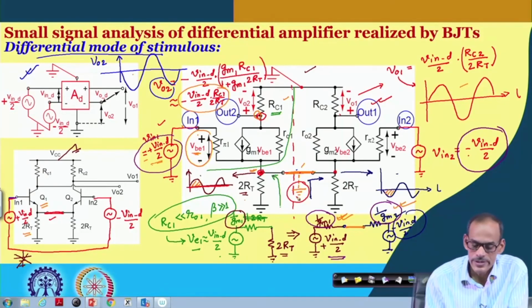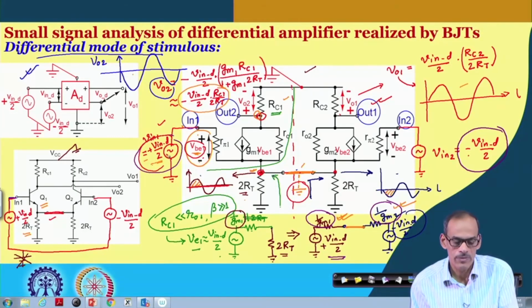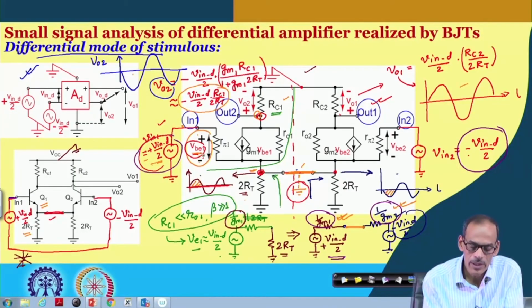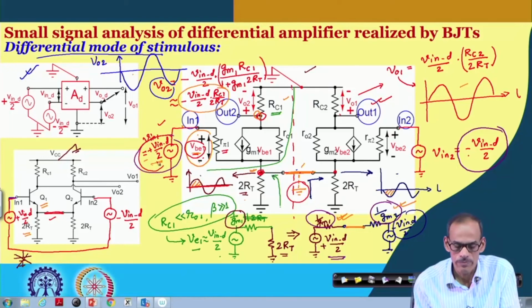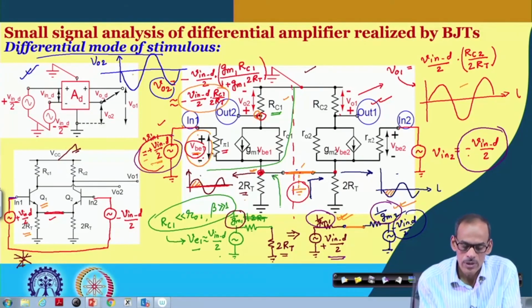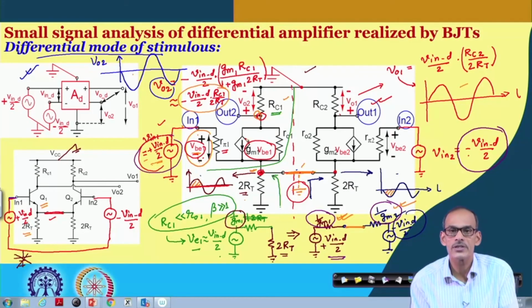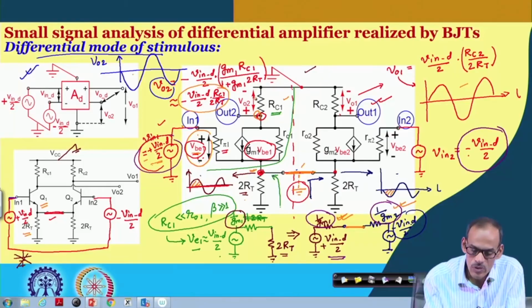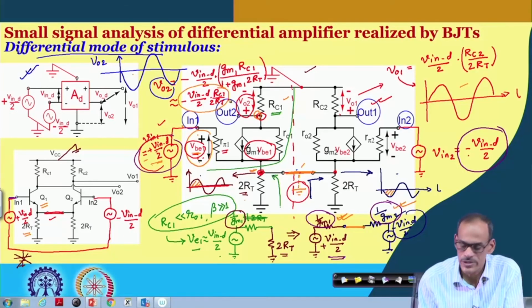Once it is AC ground, the available VBE becomes equal to Vin_d/2. So the voltage appearing across this r_pi1 becomes equal to Vin_d/2, and since it is getting the full signal, the corresponding current of the voltage-dependent current source also increased. As a result, the signal here changed.